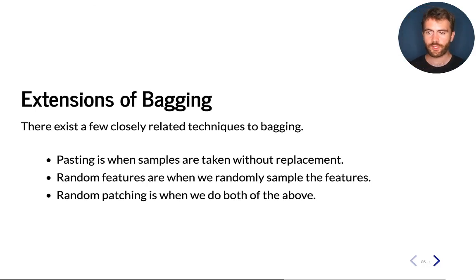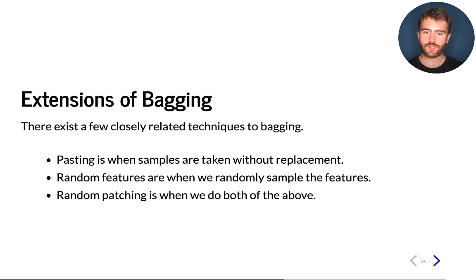Bagging is an approach that is used a lot in machine learning. It's used with smaller and simpler algorithms, but it is used a lot, and I will show you an important example of how it is applied shortly. But there are also a few small extensions of bagging that you might want to be aware of. When we take samples without replacement, then sometimes this is called pasting.